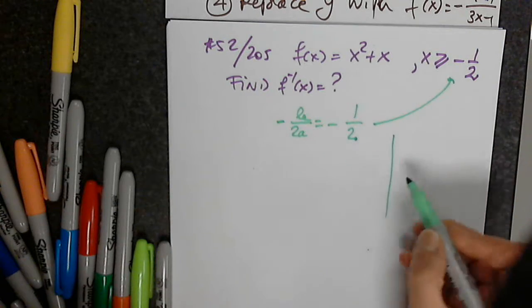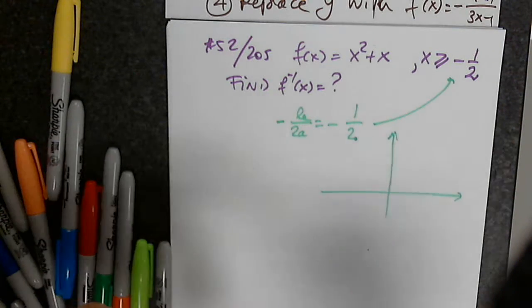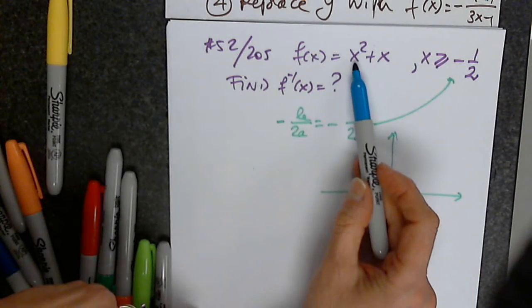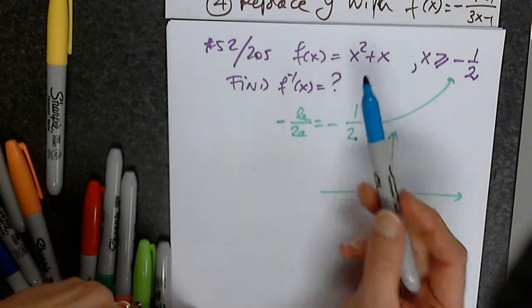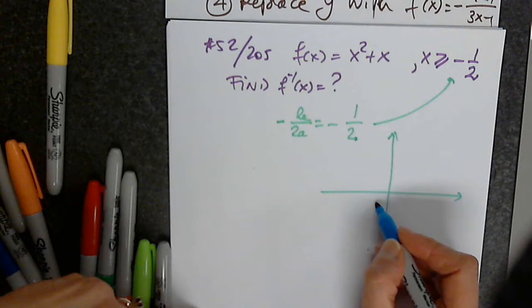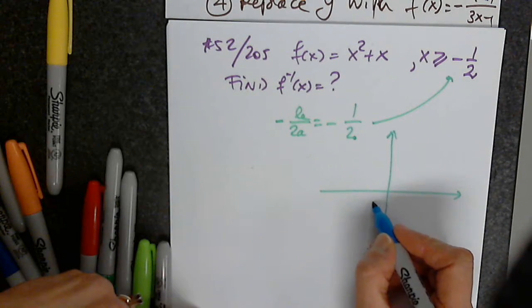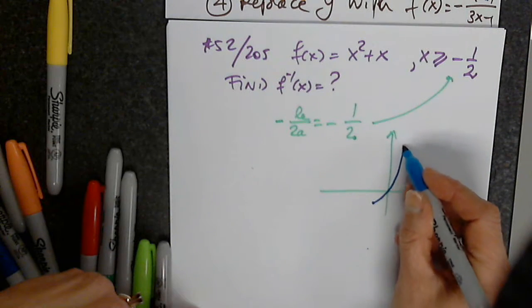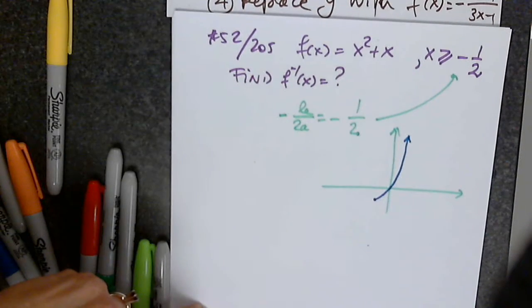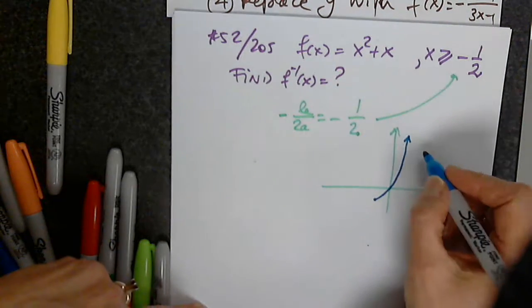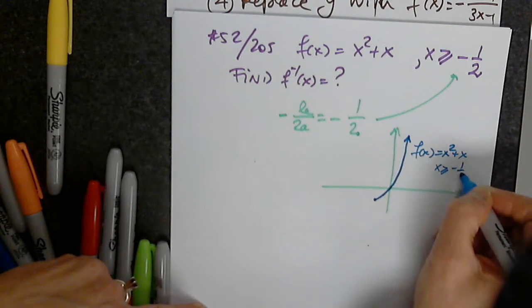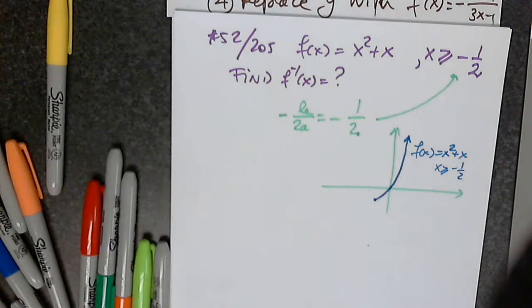If I want to graph this function at x equals negative 1/2, I will have 1/4 minus 1/2, which is negative 1/4. So I will have this graph. This is the graph of f of x equals x squared plus x for x greater than or equal to negative 1/2. We agree?